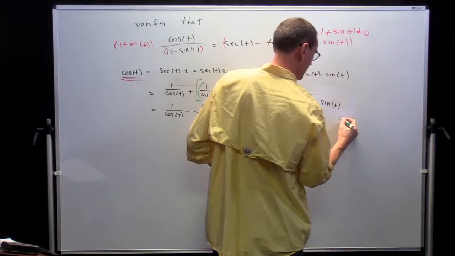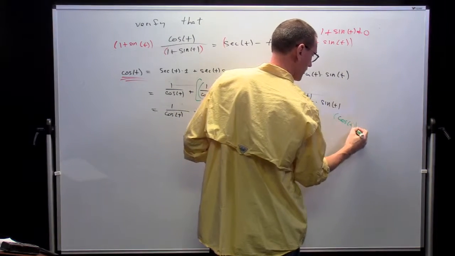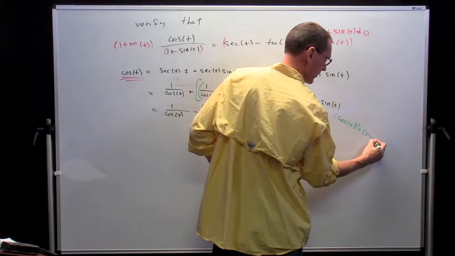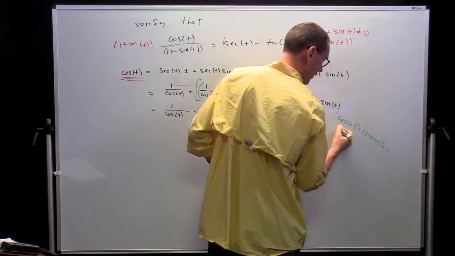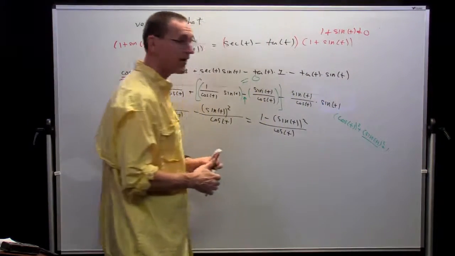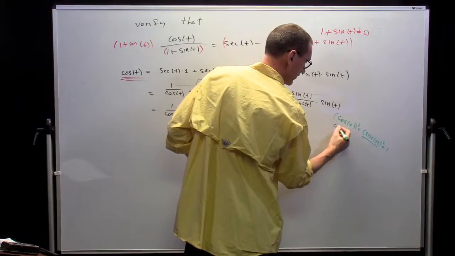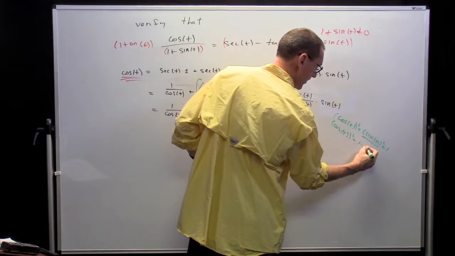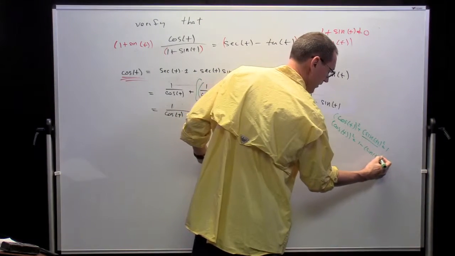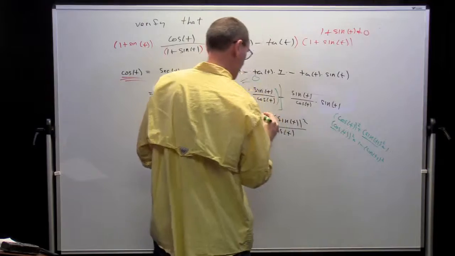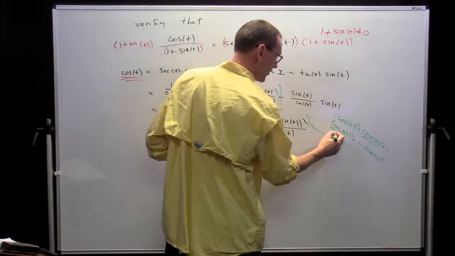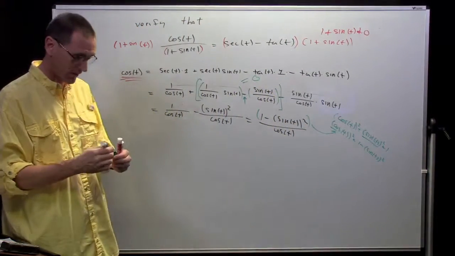that cosine of t squared plus sine of t squared equals 1. If I subtract sine of t squared from both sides, that becomes 1 minus sine of t squared. So this whole thing in the numerator is basically the same thing as cosine squared of t.